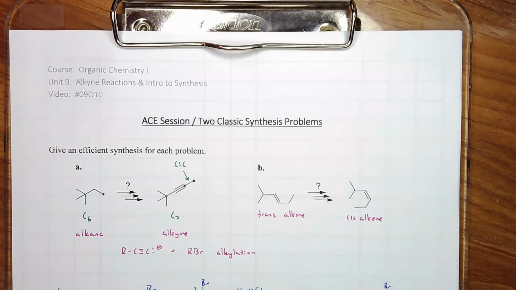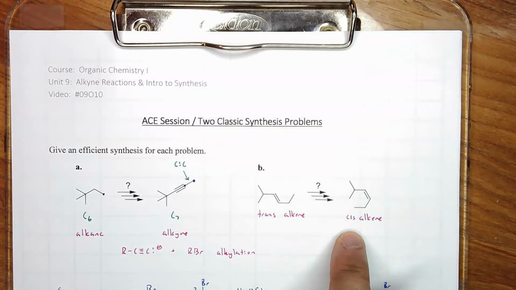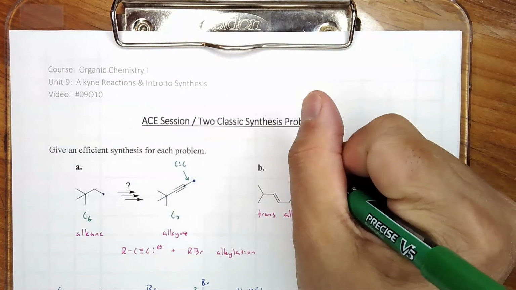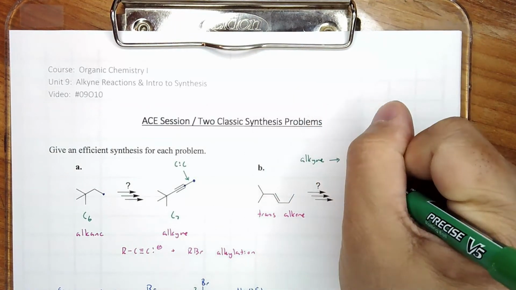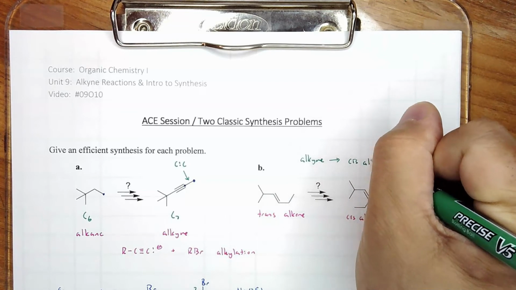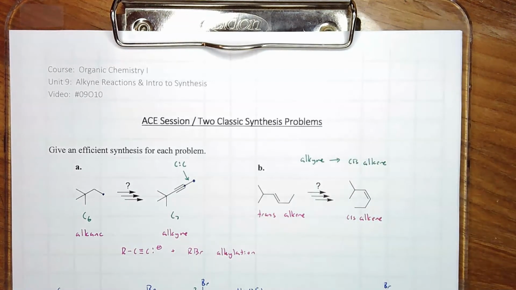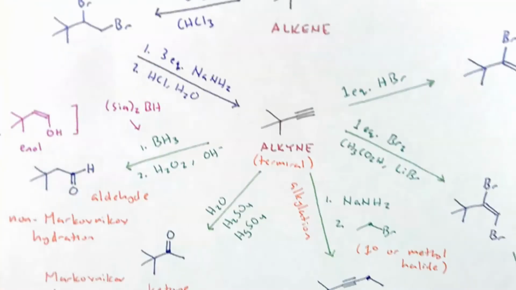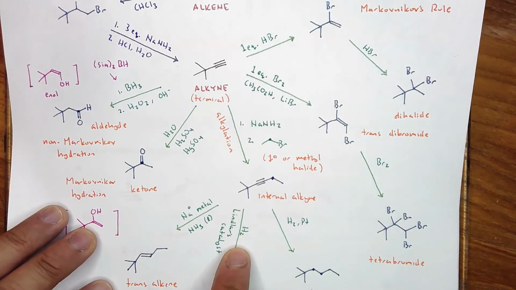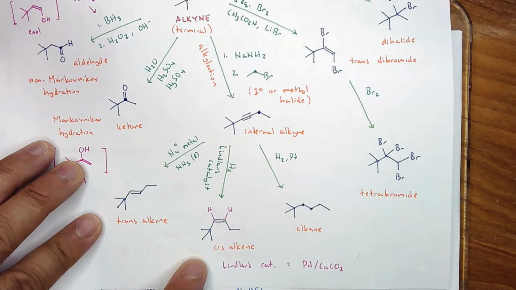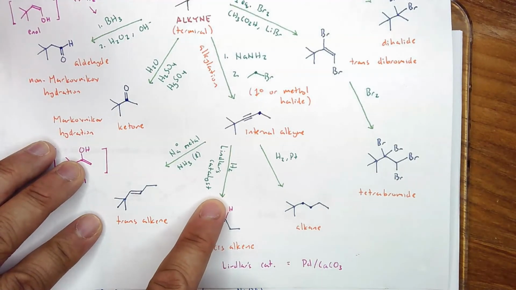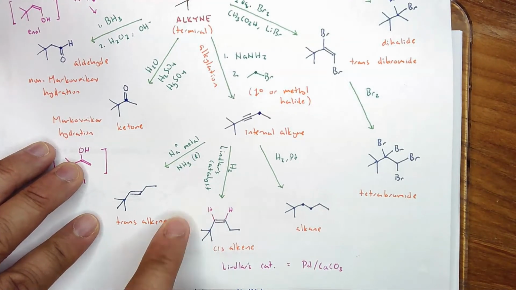So the note that I want to make is that we want to go through the alkyne, or we could also say that we can make an alkyne go to a cis alkene using what? The last reaction most likely is going to be the one with H2 and Lindlar's catalyst to make the cis alkene. So that's our end game, our last reaction.